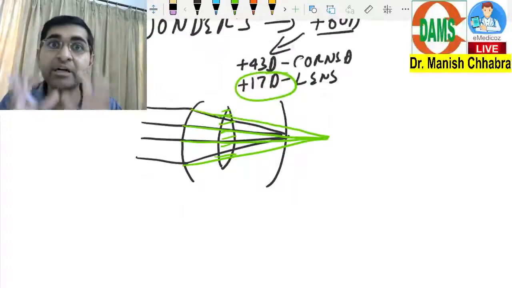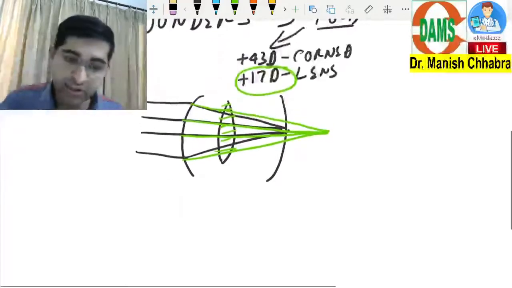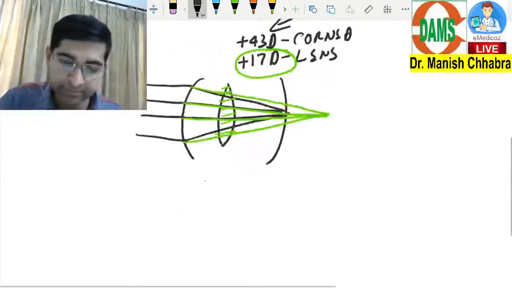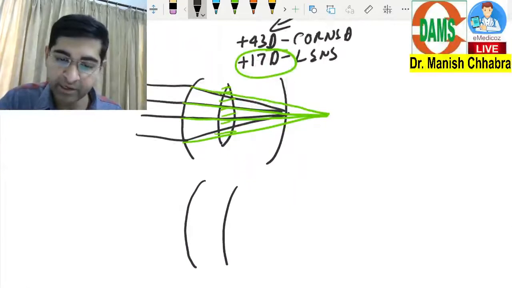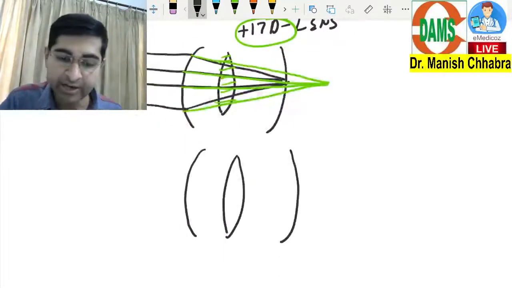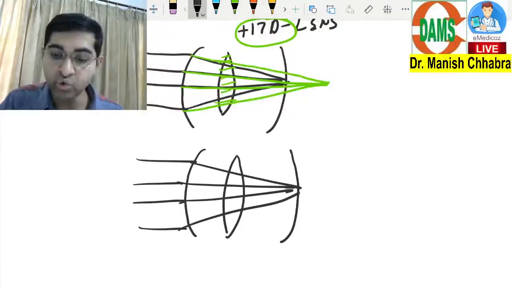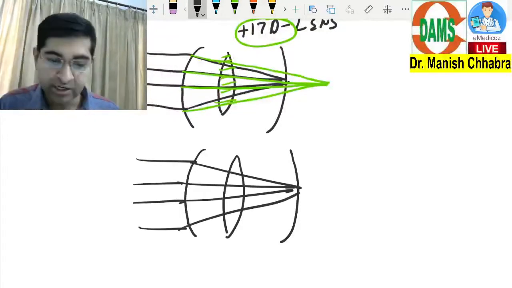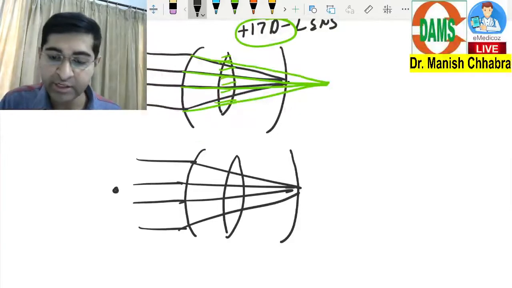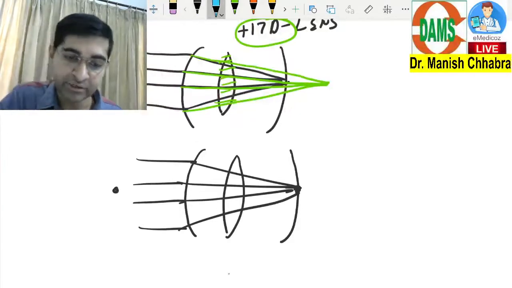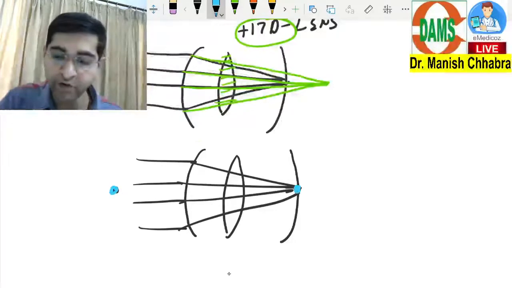What will be the changes in the focal length of the eye? As you all know, in a normal eye, again I am making the diagram. The light rays are coming from here. You know that there are two principal focal points, one forward and another backward. This is the principal focal point for forward, this is backward.